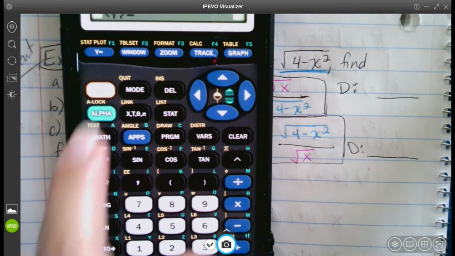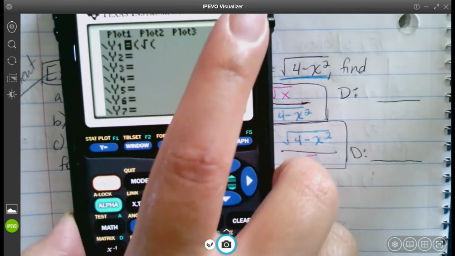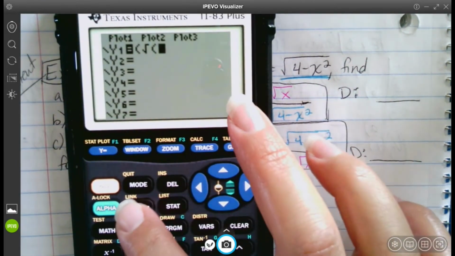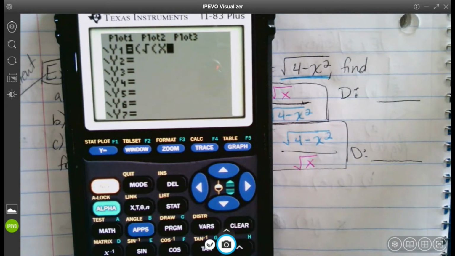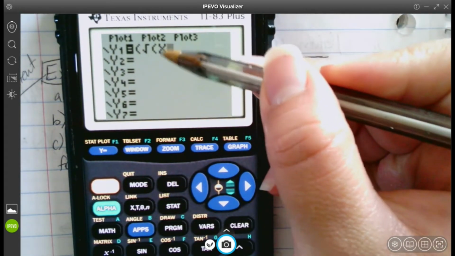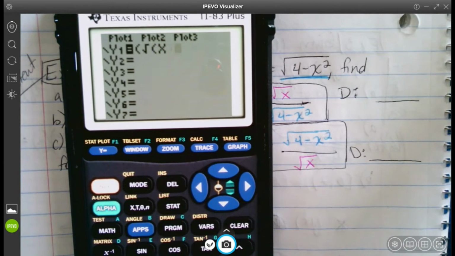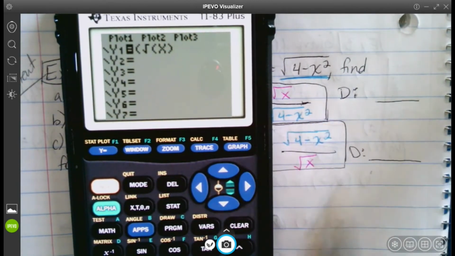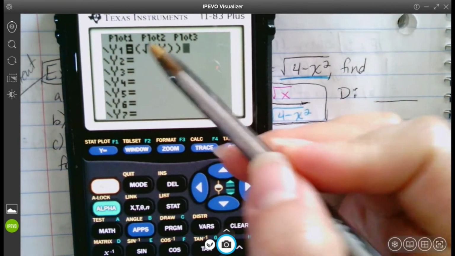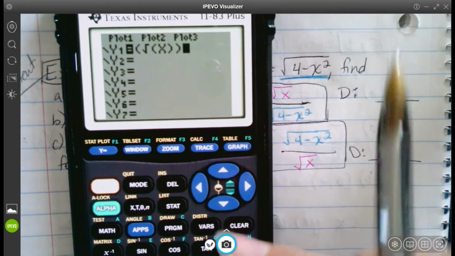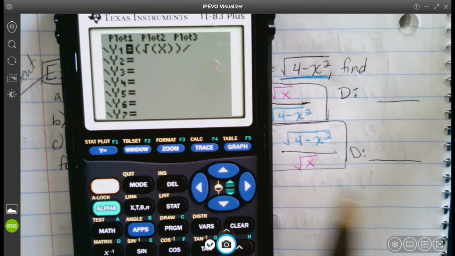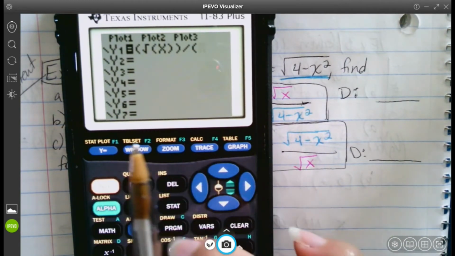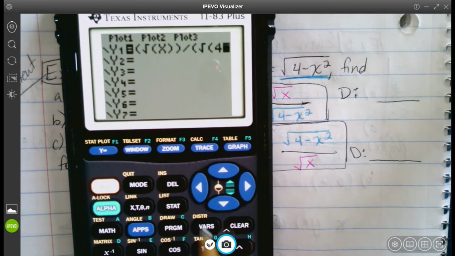You've got to press the yellow button and then that. Okay, and then x. Notice that the square root has its own little parentheses, so you're going to have to close that one first. So this part takes care of the square root, and then we have to put another one to take care of the numerator part. Okay, divided by another parentheses for the bottom, square root of 4 minus x squared.